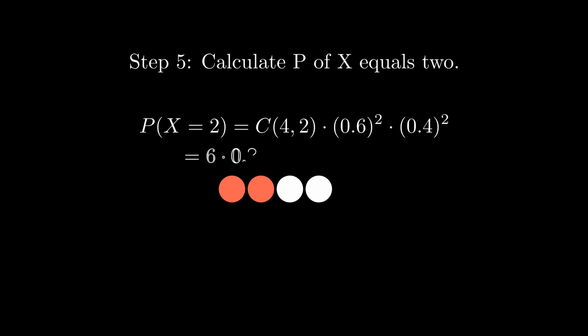Multiplying gives 6 times 0.36 times 0.16, which equals 0.3456. This result is the probability of exactly 2 hits. We'll add it to the other cases later.